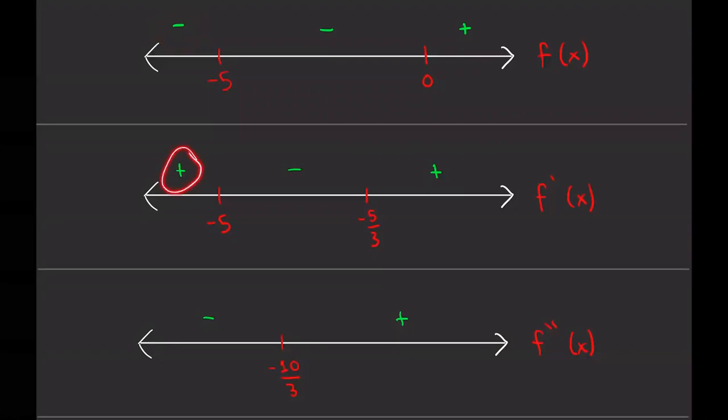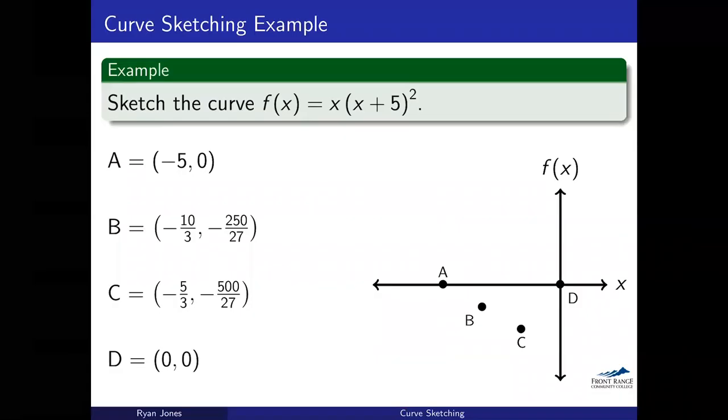Then my function better be increasing and concave down. If I'm negative, increasing and concave down, there's really only one possible thing that I can draw, and it's going to look like this.